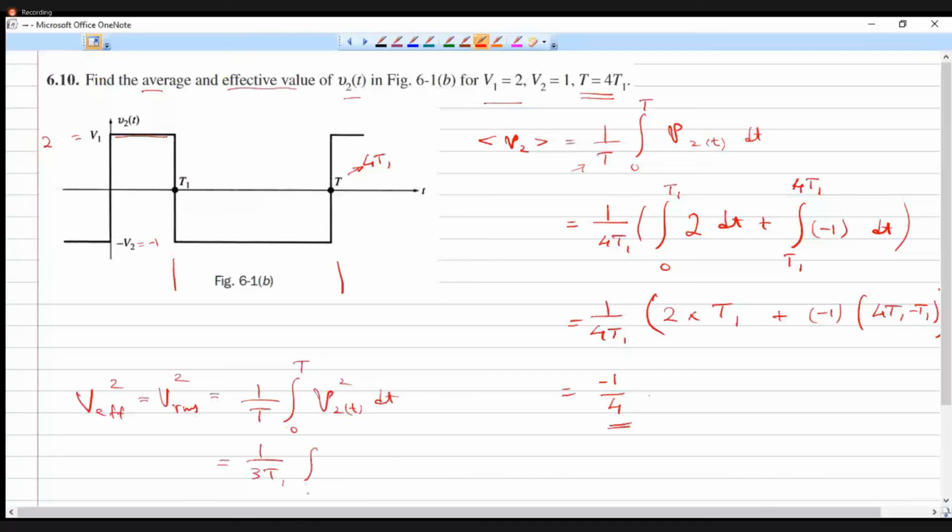So it will be 1 by 4 T1, integral 0 to T1, instead of 2, it will be 4 dt. And instead of -1, it will be +1. That's all. T1 to 4 T1, 1 into, because it is -1 square. Okay. For understanding purpose, I will write this as 2 square. dt.